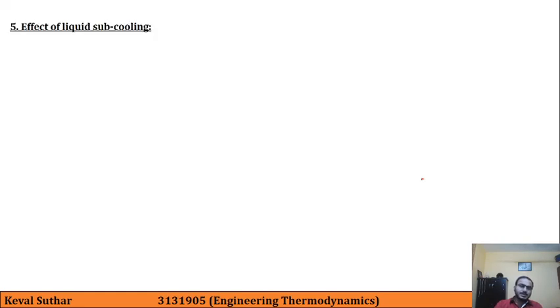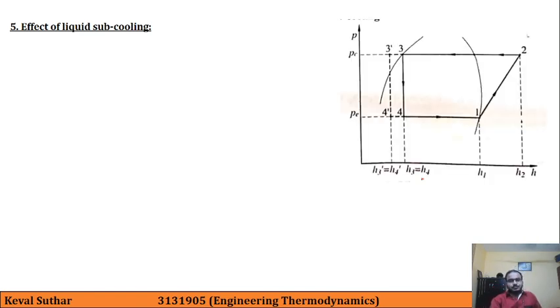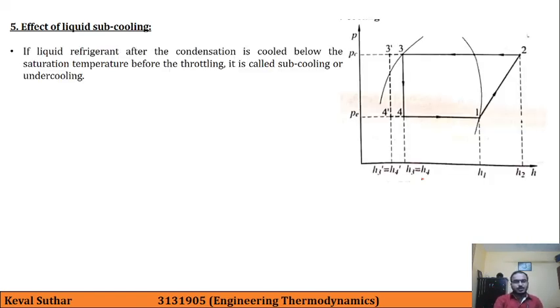Now our next effect is the effect of liquid subcooling. So what is subcooling? If the liquid refrigerant after the condensation, that is at point 3, is cooled below the saturation temperature before throttling it, going from point 3 to 3 prime, this is called subcooling or undercooling.